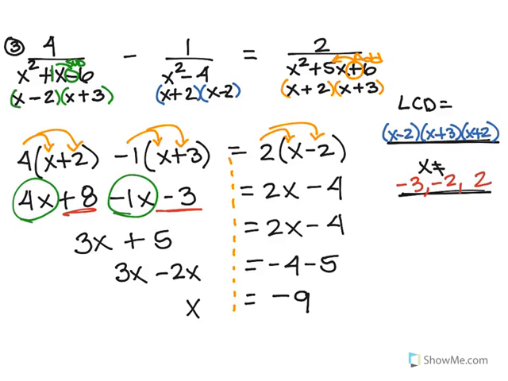Is there a restriction? Is there a problem with -9? No. So that's your answer. I don't want y'all to think all these are going to be no solution and contradictions, okay? You can get answers. So -9 is your answer. You don't need arrows because that doesn't hurt neither one of those denominators.